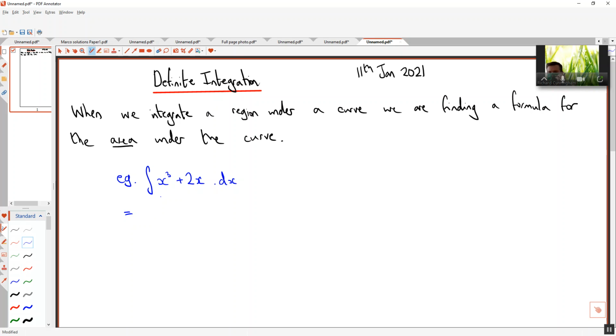Add 1 to the power and multiply it by the new power? Divide by the new power. So it's x to the power of 4 over 4.